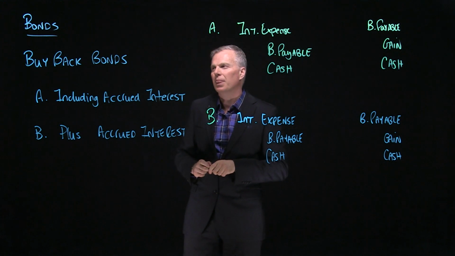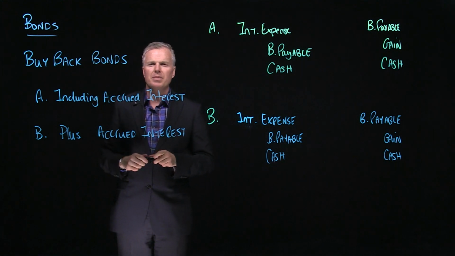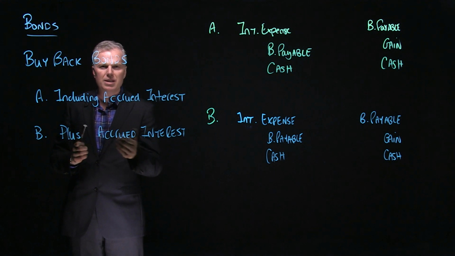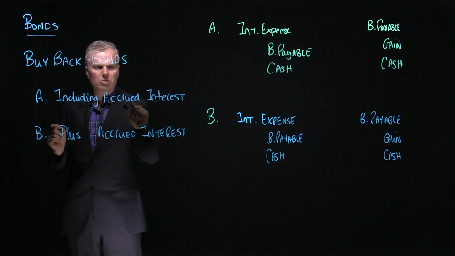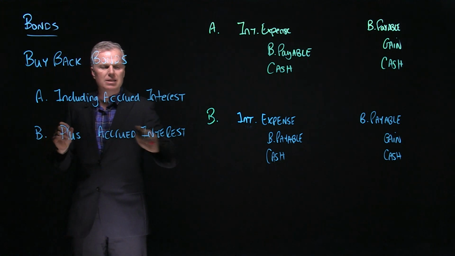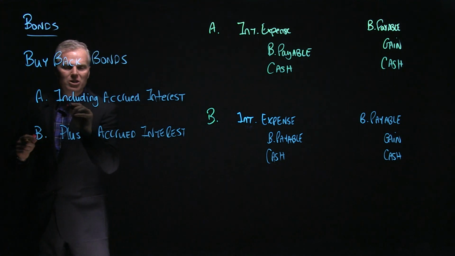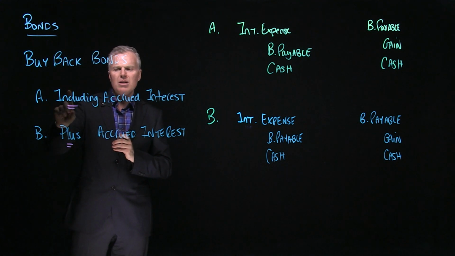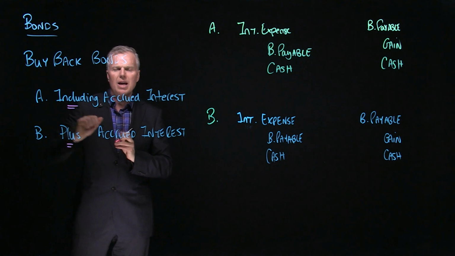Let's begin. You're buying back bonds, and at the end it says you bought back X amount of bonds at this price, and it will either say it includes accrued interest or it will say at this price plus accrued interest. So what I want you to notice is it all comes down to two words. Does it say including or does it say plus?